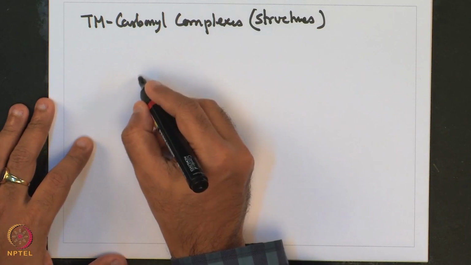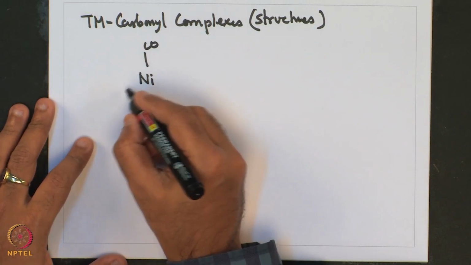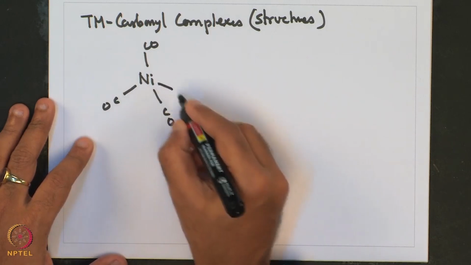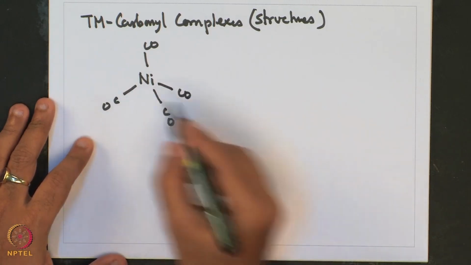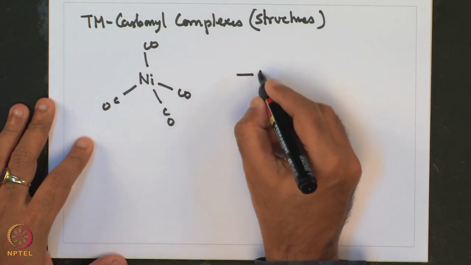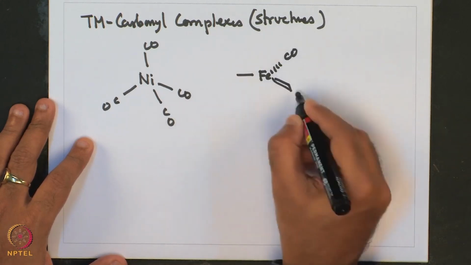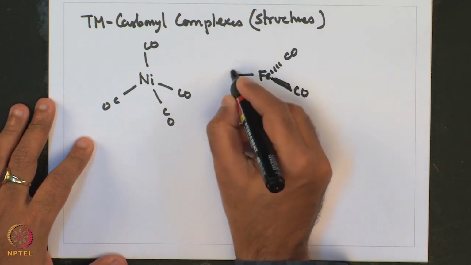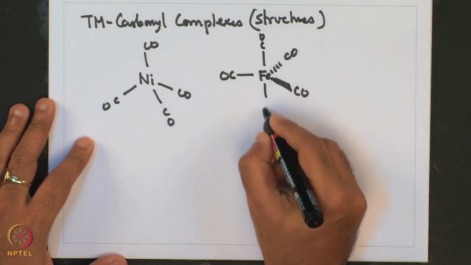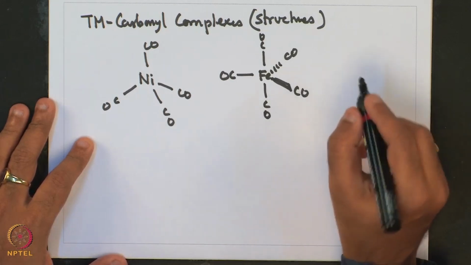For example, nickel tetracarbonyl is a tetrahedral structure; nickel is in 0 state. Iron pentacarbonyl is a TBP structure, whereas chromium hexacarbonyl is octahedral.